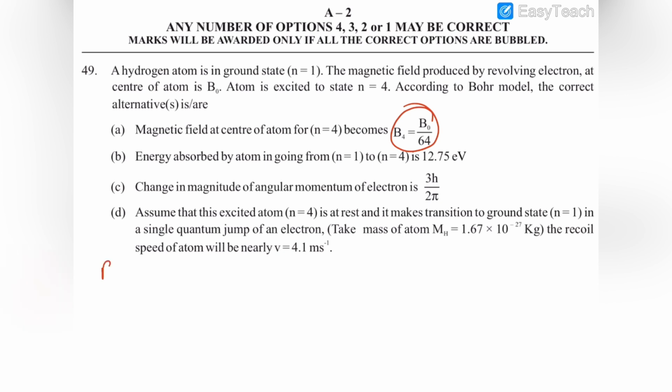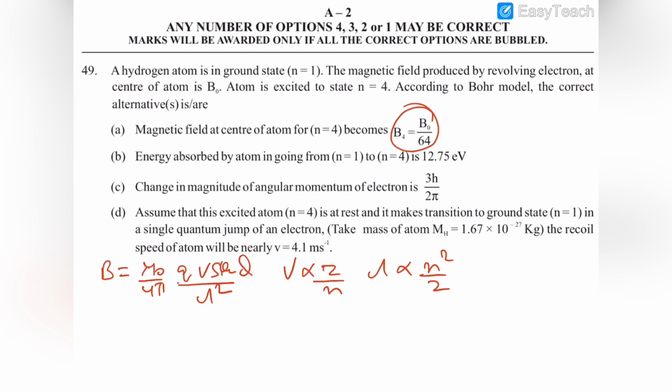We know that the magnetic field produced by a point charge which is moving with some velocity v is mu naught by 4 pi into q v sine theta by r square. Now we know that the velocity of the revolving electron in Bohr's atomic orbit is proportional to z by n, and the radius is proportional to n square by z.